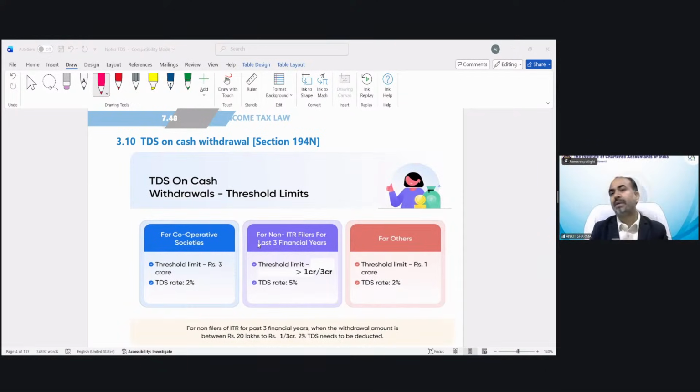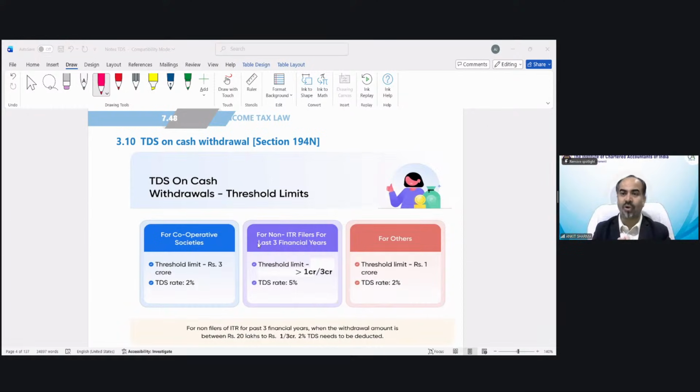In the normal case, the limit is 1 crore. Up to 1 crore withdrawal, there is no TDS. If I withdraw more than 1 crore, then the excess amount is liable to TDS. In case of a cooperative society, the limit is 3 crore. Now, a difference is also there. Like in other sections, there would have been some income. And this is a difference.